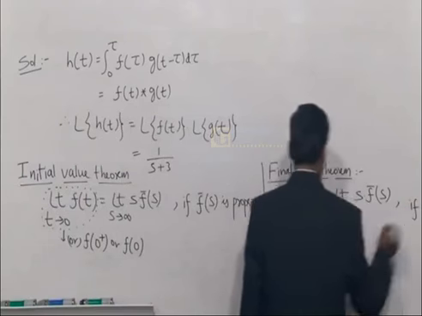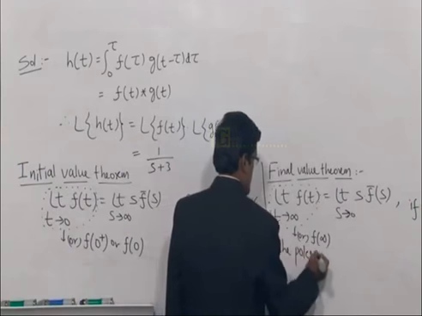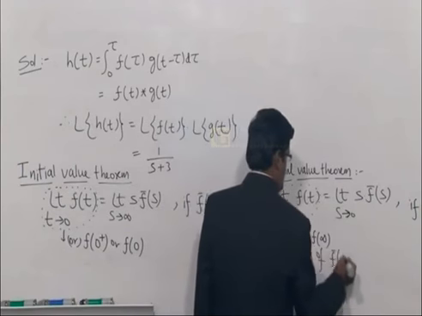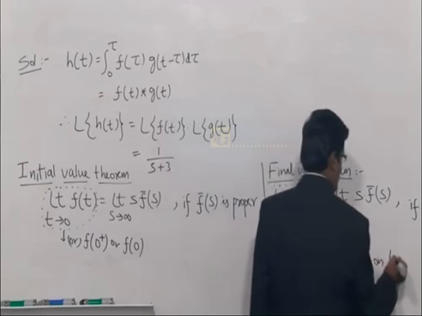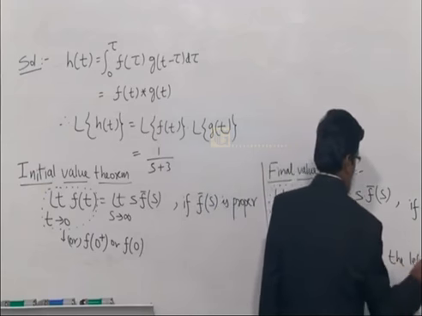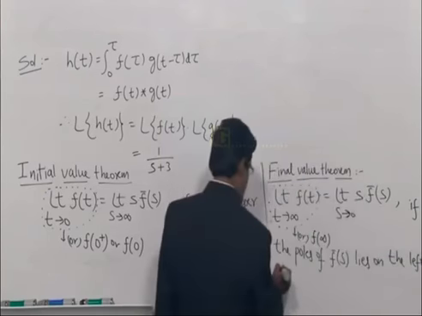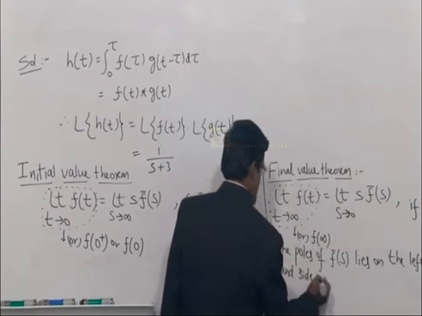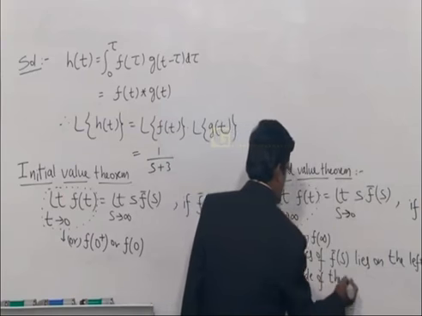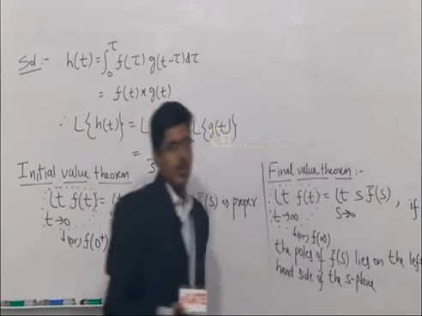If the poles of f bar s lie on the left hand side of the s plane, either one dimensional plane or two dimensional plane.